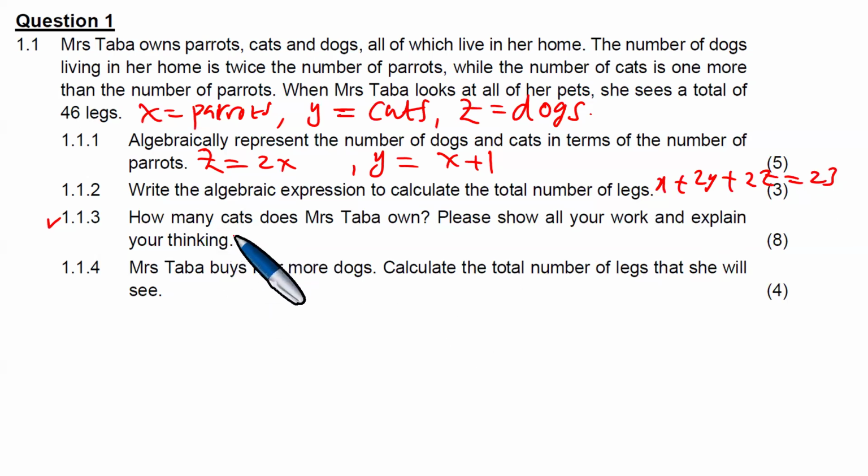How many cats does Mrs. Taba own? Please show all your work and explain. How many marks? 8 marks. A lot of marks. I know this one is pretty straightforward because I've already done a lot of the groundwork, so we are able to answer this particular question.